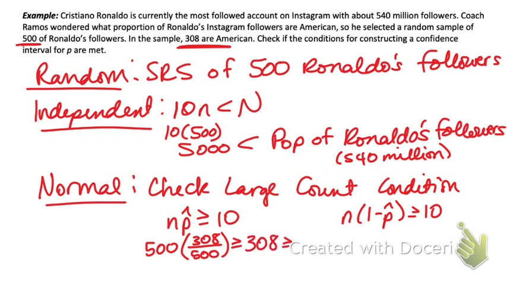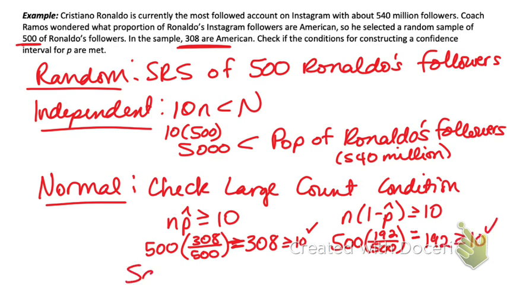There are 308 out of 500, and so n times p hat equals 308. That is greater than 10. And then we have 192 out of the 500 that are not American, and so that equals 192, which is also greater than 10. So our sampling distribution of p hat is approximately normal.